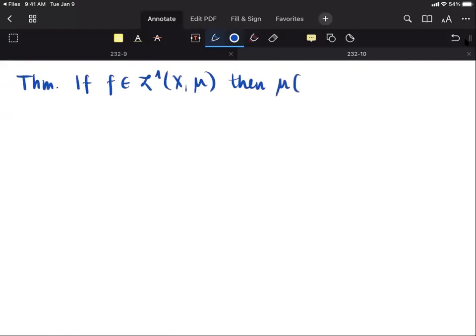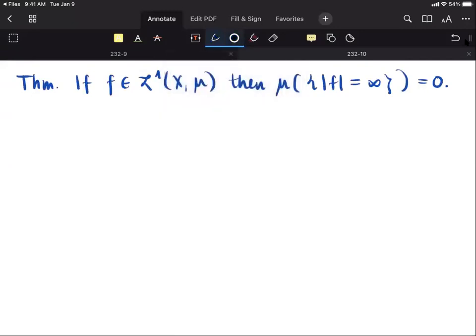Next, Lebesgue integrable functions cannot have infinite values on a set with positive measure. Put in another way, if I have a Lebesgue integrable function f, then the measure of the set where f is positive or negative infinity is 0.